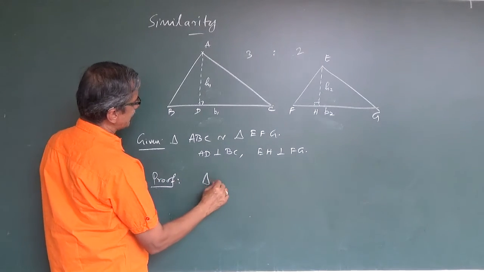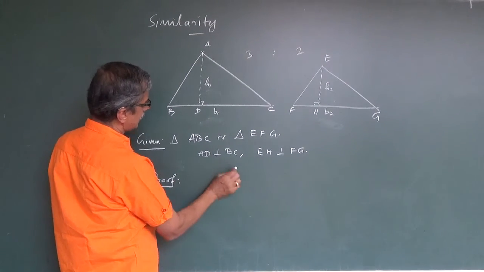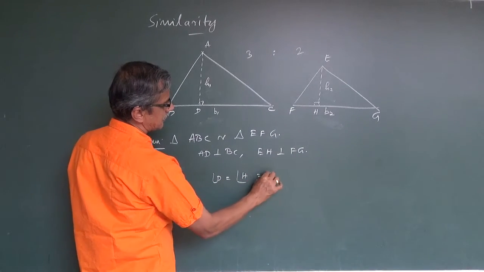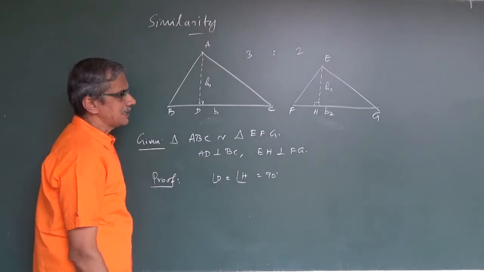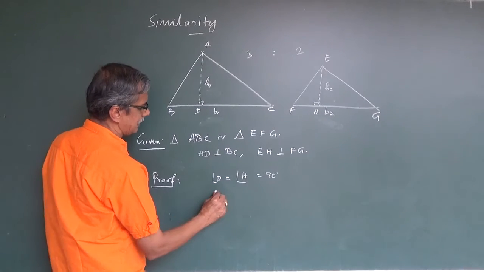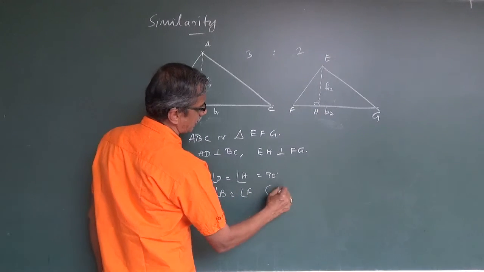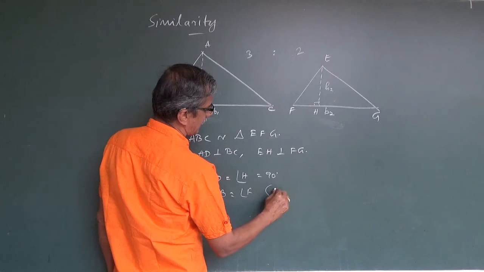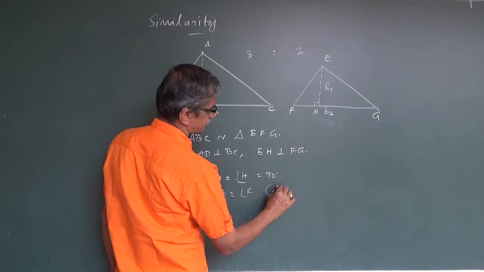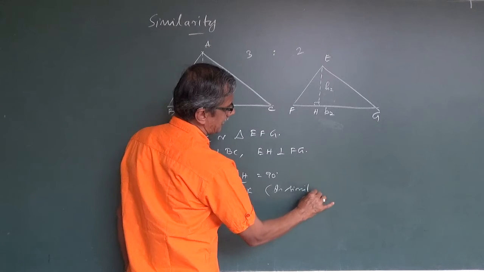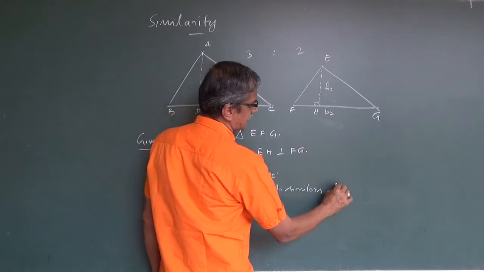In triangle ABD, angle D is equal to angle H is equal to 90. Angle B is equal to angle F, because in similar triangles, corresponding angles are equal.